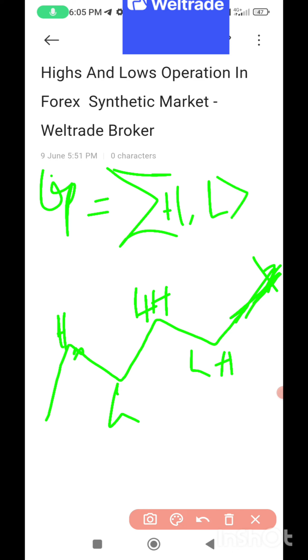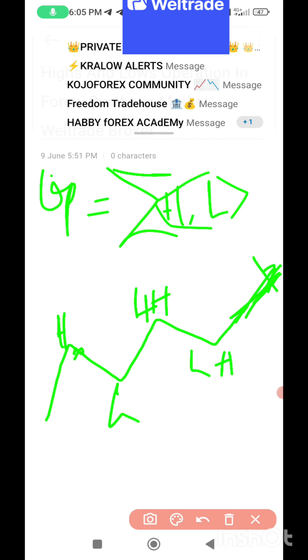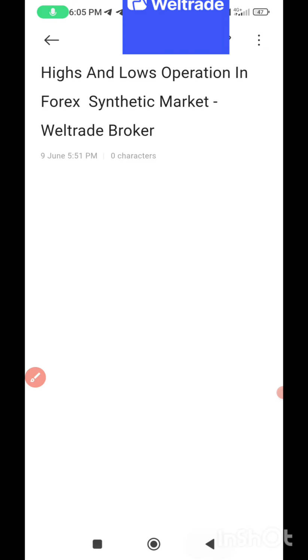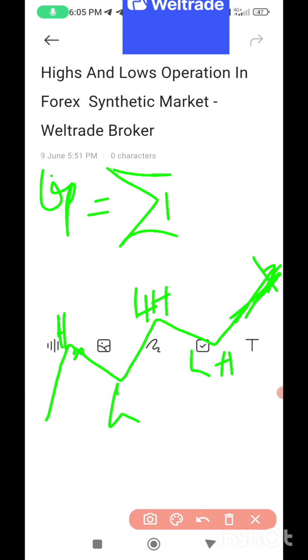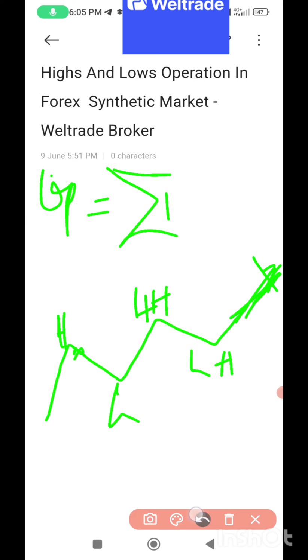To make it clearer, let's use the angle bracket.